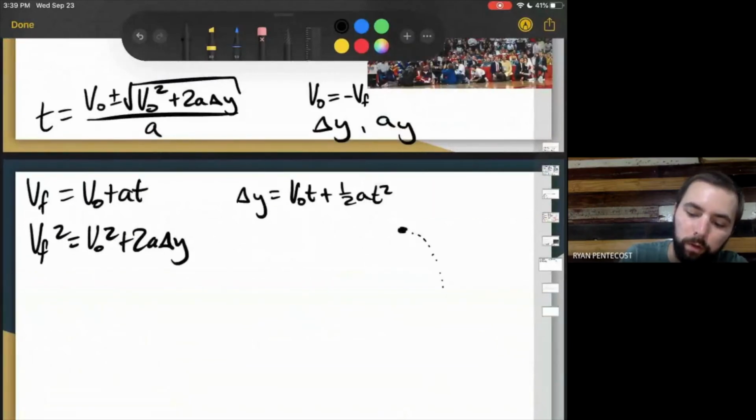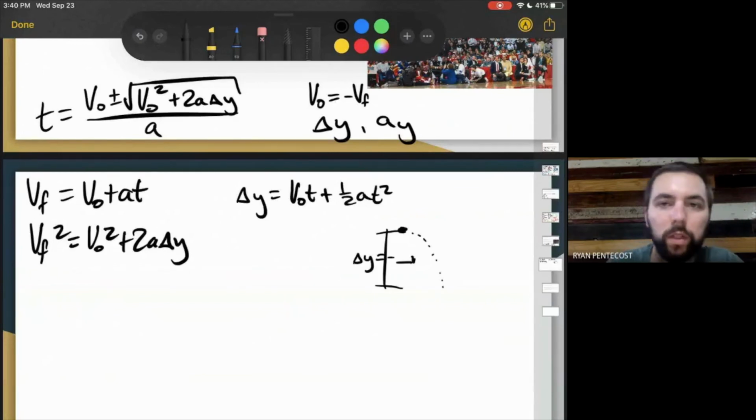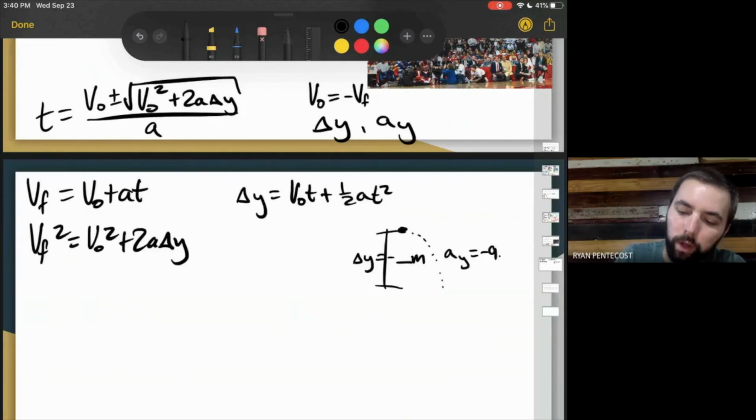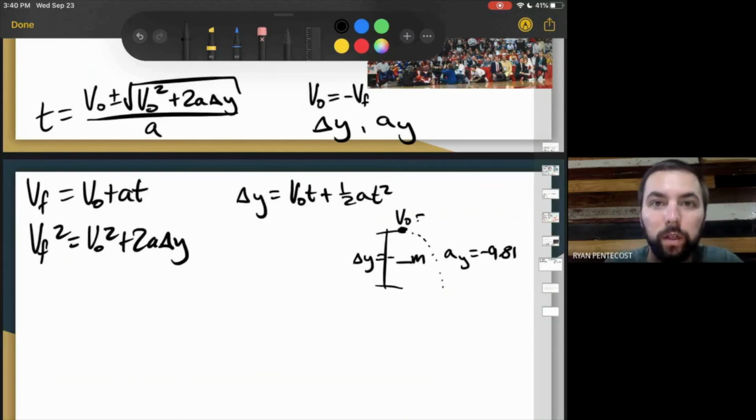Because we know delta y, which is going to be some negative amount of meters or centimeters, whatever you measured, right? Then we know acceleration is negative 9.81. That also means that your v naught equals 0. So that gives us a given. It's a trick.